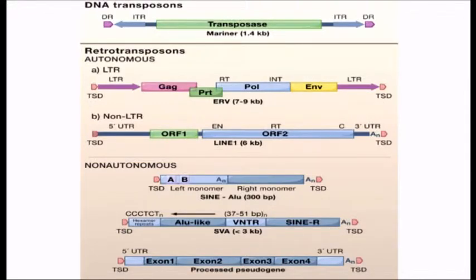Also SVA elements, which are these composite elements found in about 3,000 copies in the human genome, and also can be reverse transcribed and integrated. And processed pseudogenes, which are messenger RNAs that have lost their introns and can be reintegrated into the genome.